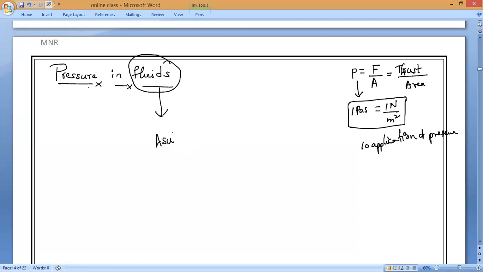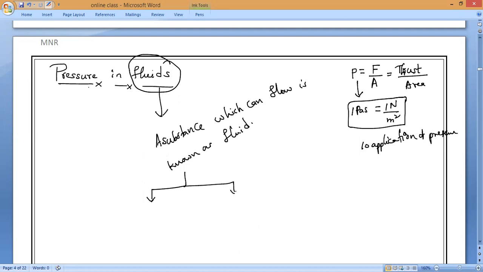A substance which can flow is known as fluid. Do you understand, everybody? What are examples of fluids?